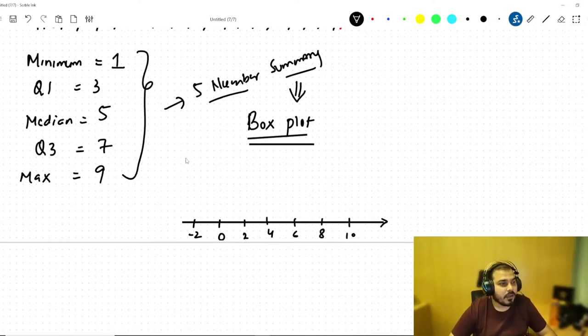Okay, so this is your x-axis. Now let's find out where the minimum element is. Minimum element will fall over here, that is at 1. Q1 will fall at 3. Median is 5. So this is your 5.